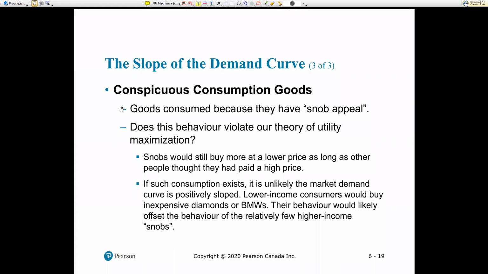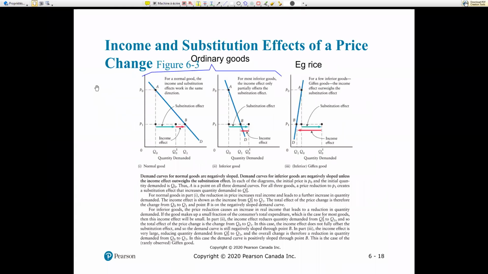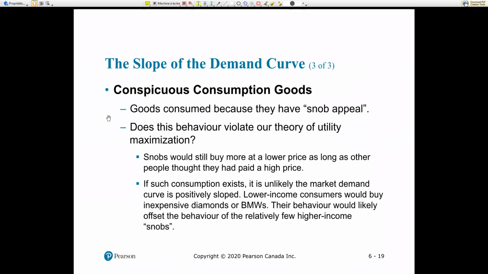But there are other sorts of goods that would also violate the standard theory. Imagine a good for which nobody sees my car. Would I still want to buy a good that looks like it costs more for no reason?